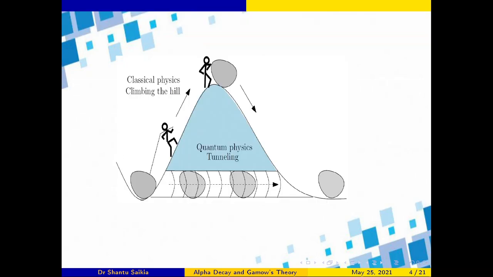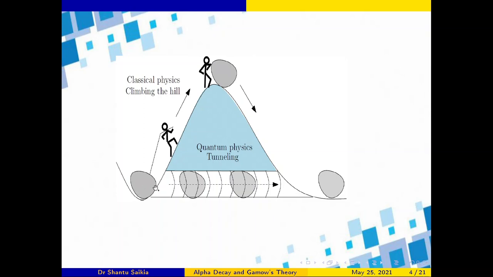The quantum mechanical tunneling process can be illustrated by the following figure. Suppose we have a barrier which we want to cross. Classically, you will need sufficient energy to go over the barrier and go to the other side.